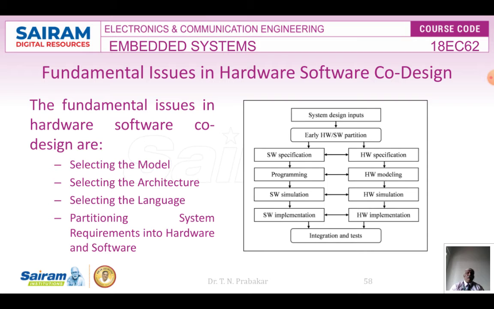Then I have to do the hardware-software partition: which is the software requirement, which is the hardware requirement. In the software I will start my program, in the hardware I will start the modeling. Then simulation will be done in both cases. Then the software and hardware will be implemented, and finally we have to integrate the total system and test it.